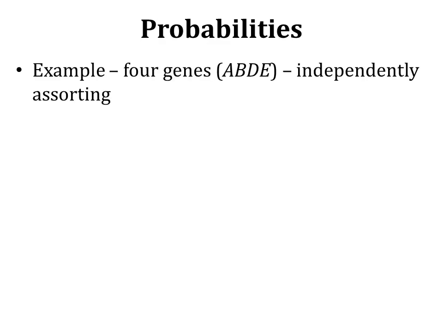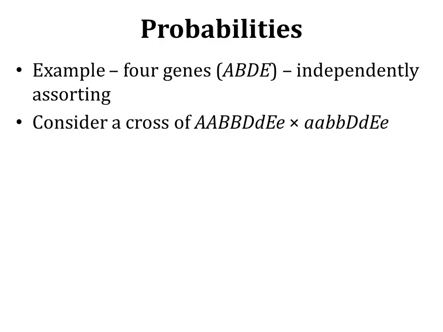Now we take another example, and this is the same example. We are talking about 4 genes that are assorting independently in meiosis, and this time we are considering a cross of individuals. One of these individuals is homozygous dominant for A and B genes and heterozygous for D and E genes.